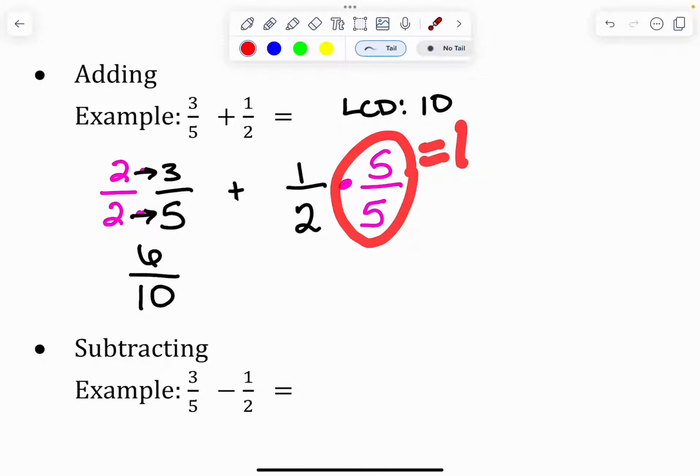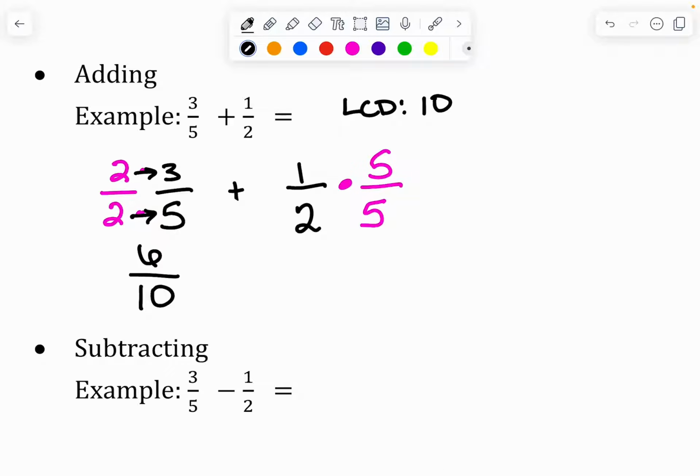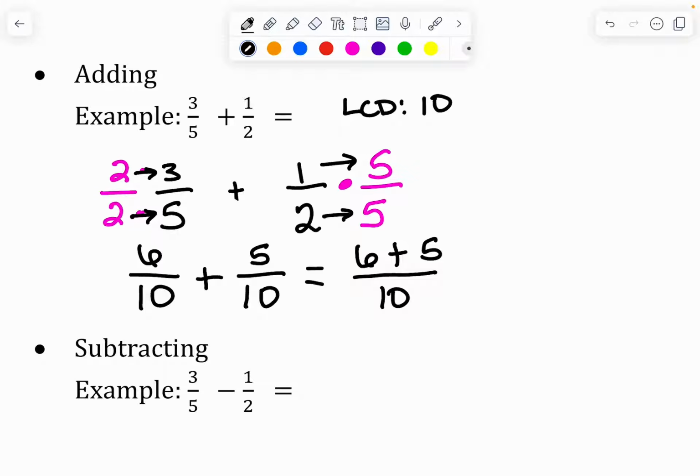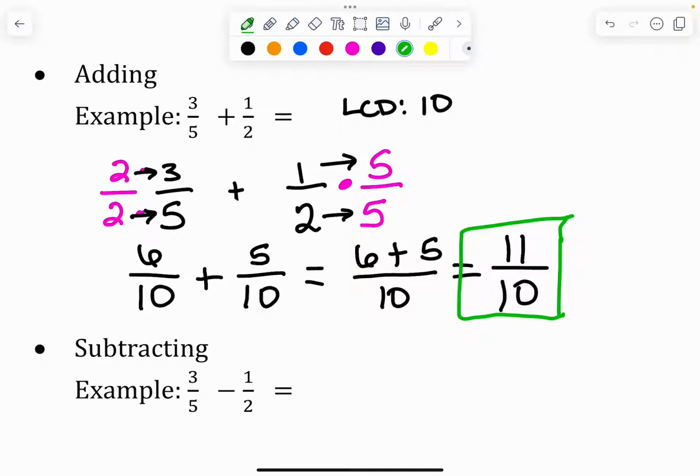When we multiply by 1, we're not changing the value, we're just changing what it looks like. So here we have 1 times 5, which is 5, and 2 times 5, which is 10. So now we can add the tops and keep the denominator the same. So we end up with 11 over 10, which doesn't simplify, so we're finished.